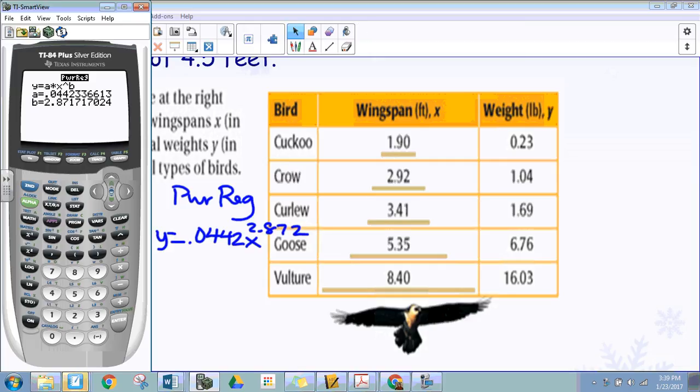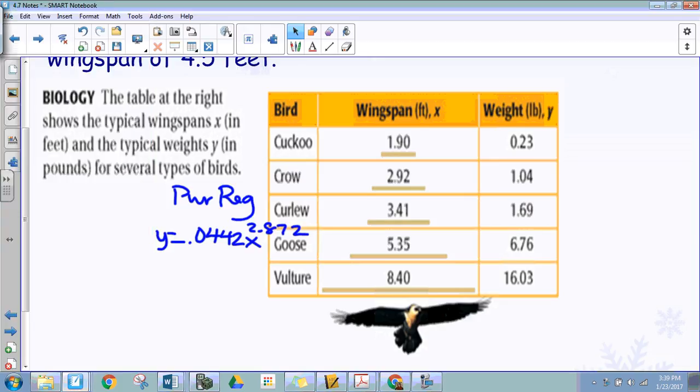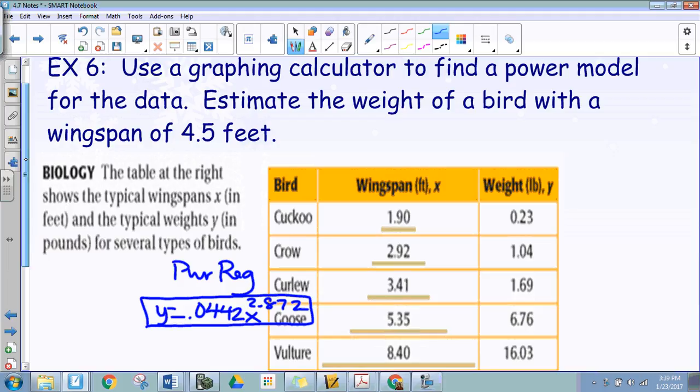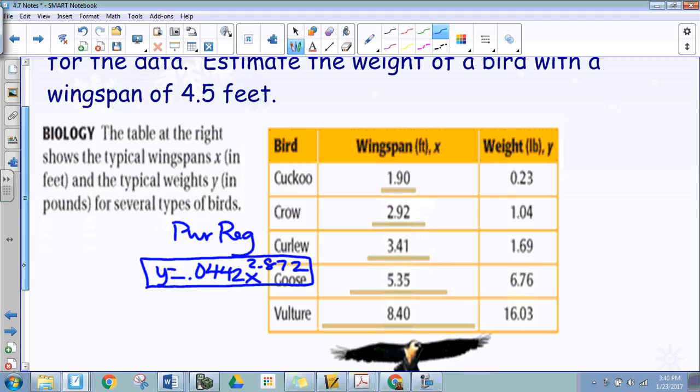Okay, and get out of that. So that's our model. I kind of went over onto the table, but you get the point. We needed to estimate the weight of a bird with the wingspan of 4.5. So sorry, we need to find the weight.